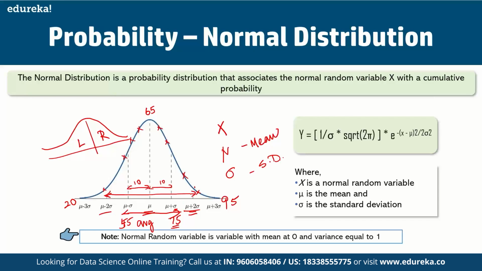How much is this particular value away from the mean? That is called mu plus 2 sigma or mu plus sigma. How much deviation do we have from the average value? For a normal random variable, we usually assume that the mean is 0 and the variance is equal to 1. That is why we have mu plus sigma or mu plus 2 sigma and the other values.